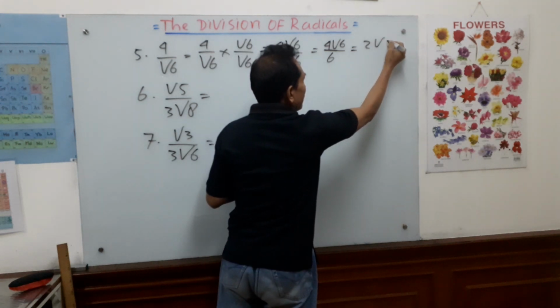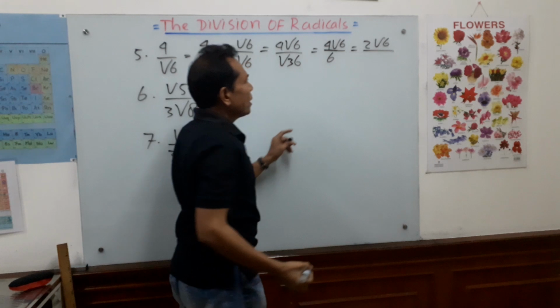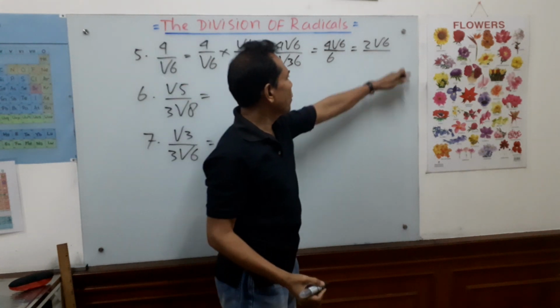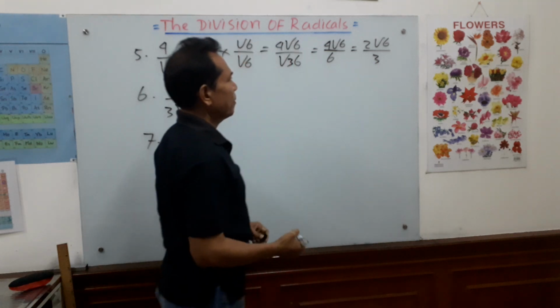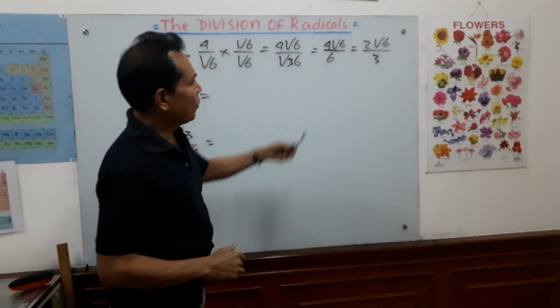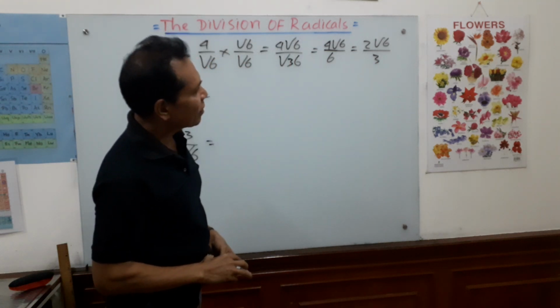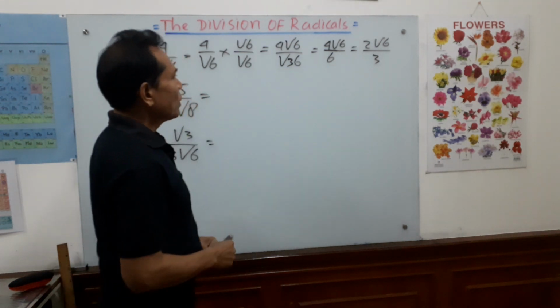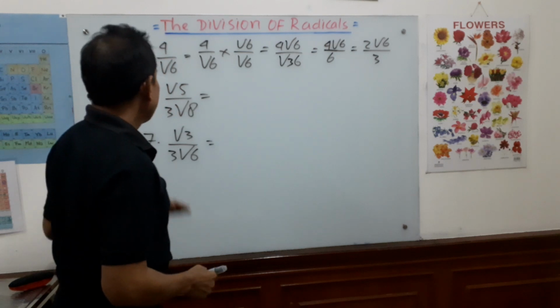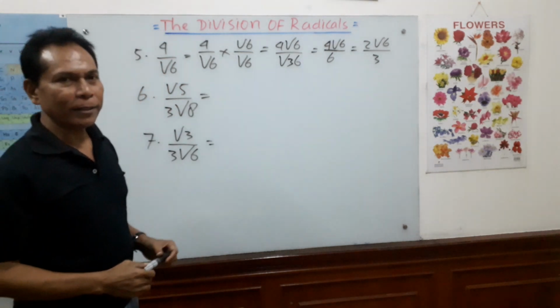So we put 2 square root 6 over 6 divided by 2 is 3. So 2 square root 6 over 3. Can we simplify that? No more, okay? So we just leave it like this, 2 square root 6 over 3. Now we go to number 6, okay?